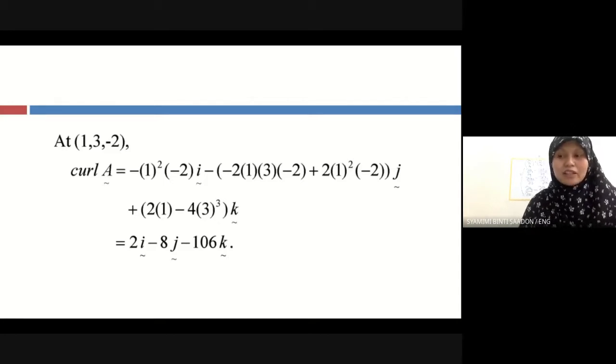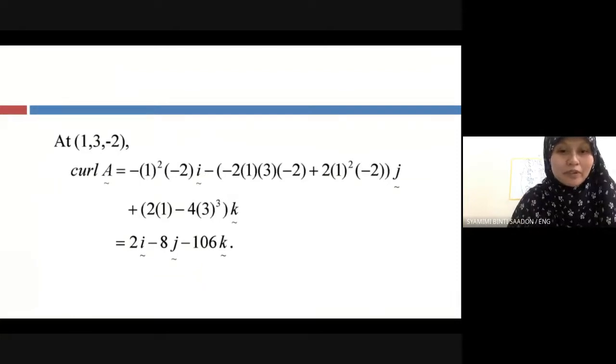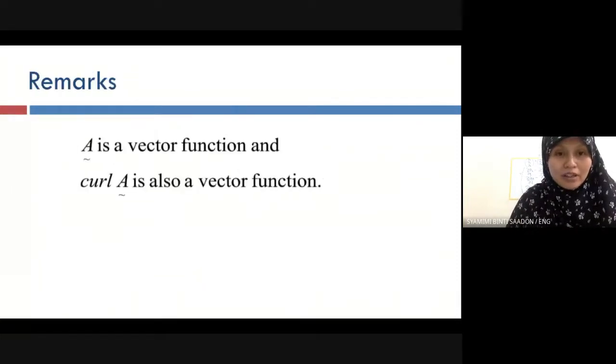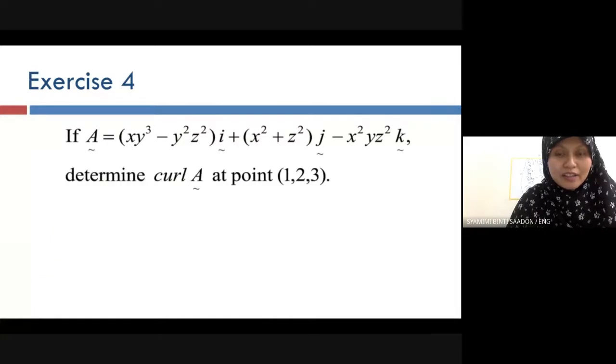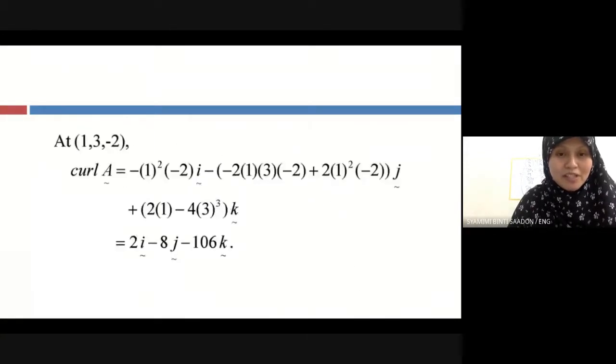So the curl A, we have initially a vector A, and the answer also is a vector, from vector to vector. This one you can try later. It is about the same as the example given just now.